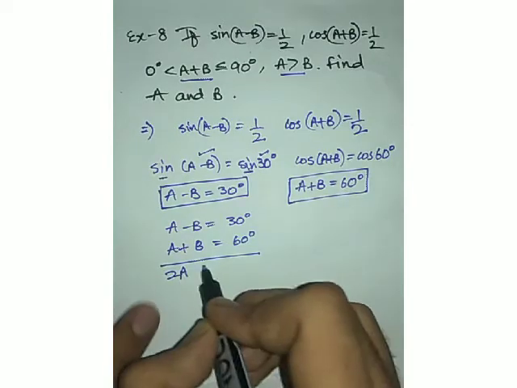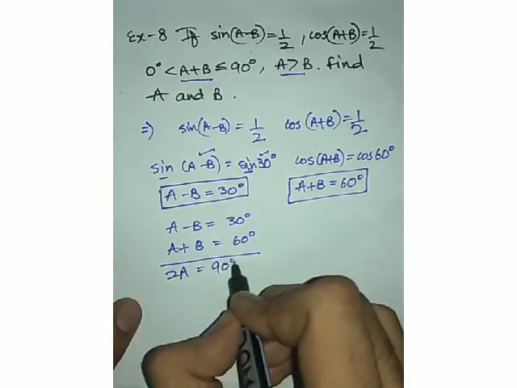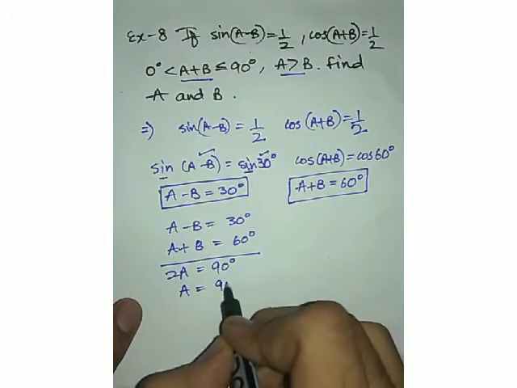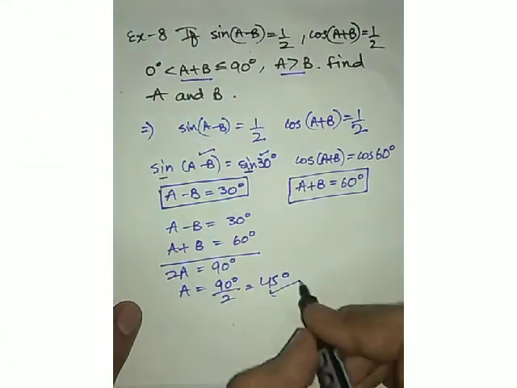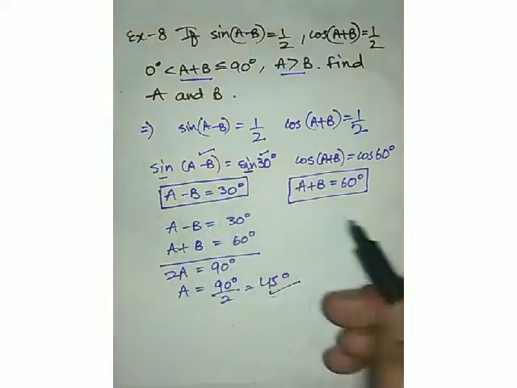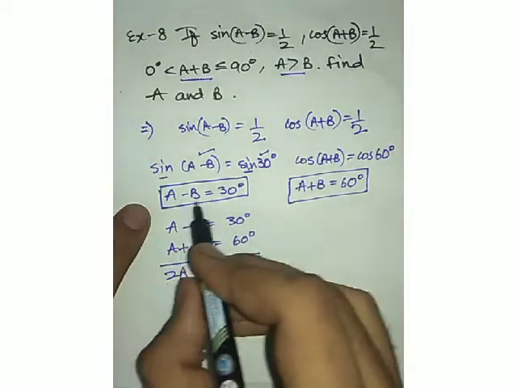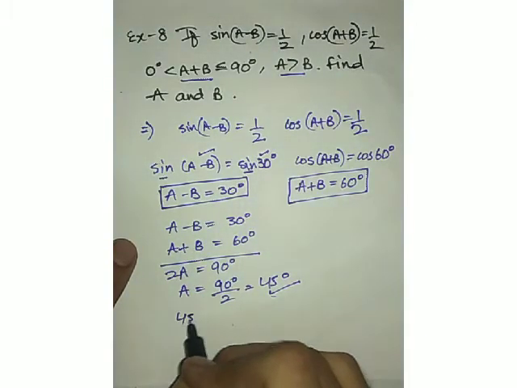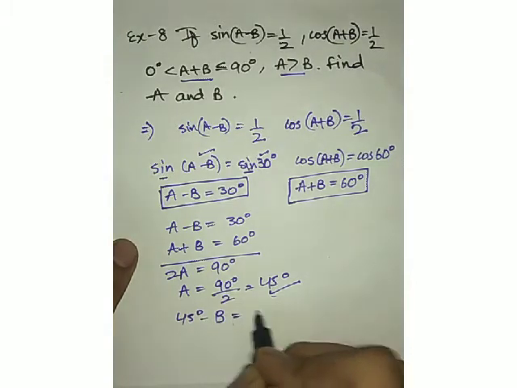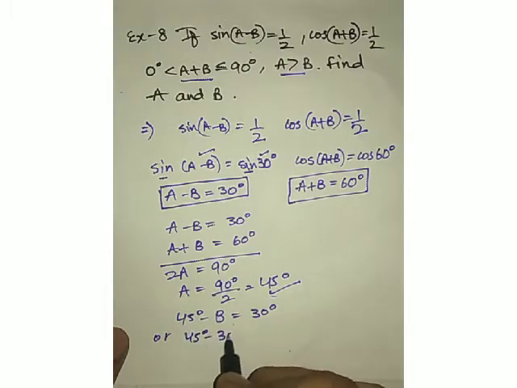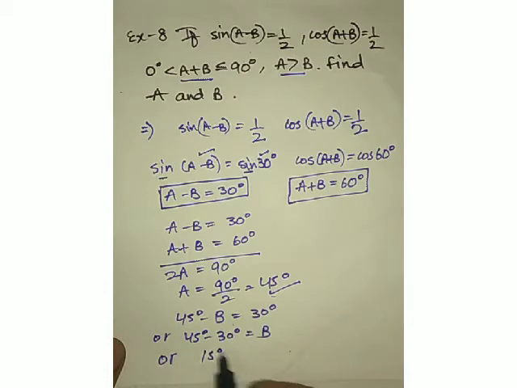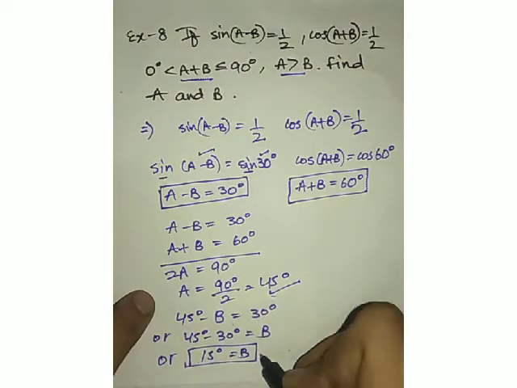So 2A will be equal to 90 degrees, or A is equal to 90 degrees upon 2, that is 45 degrees. Put it in the equation A minus B: 45 degrees minus B is equal to 30 degrees, so B is equal to 45 minus 30, that is 15 degrees. In this way you have found the values of A as well as B.